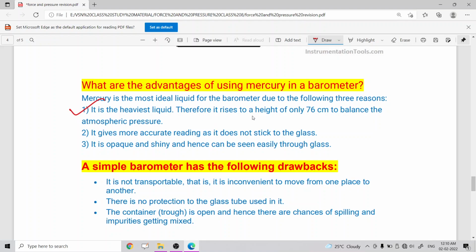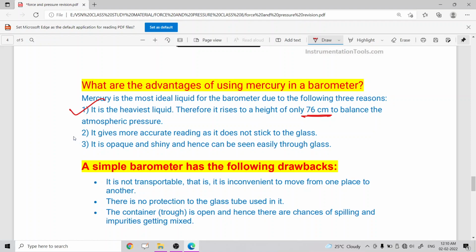Therefore it rises to a height of only 76 centimeters to balance atmospheric pressure. Otherwise, if you take water, then it may be 1 meter, sorry, I think 10 meters.